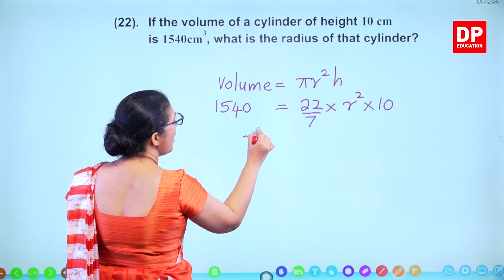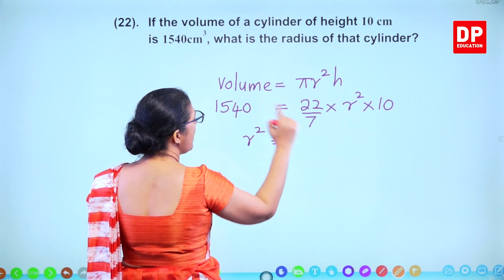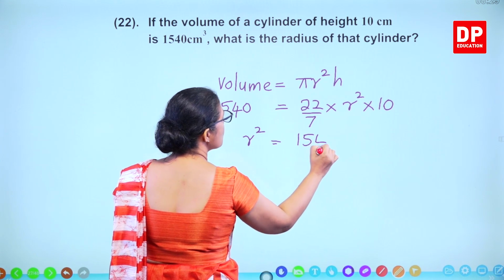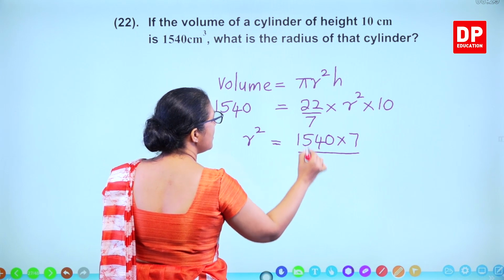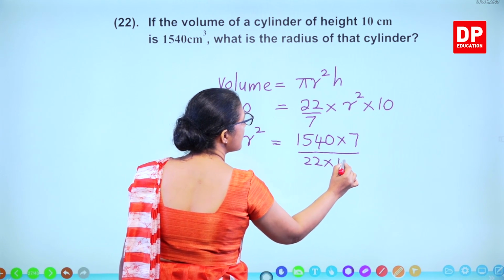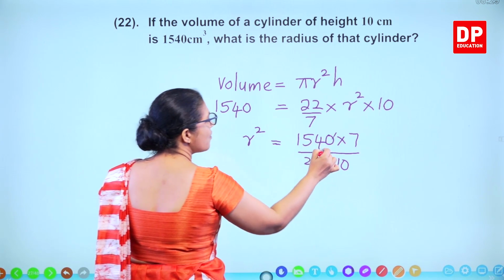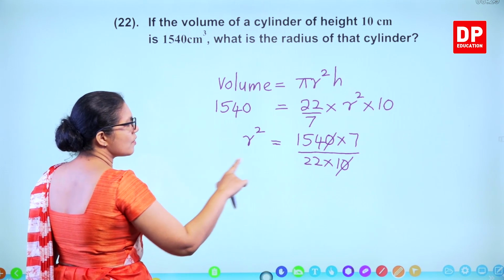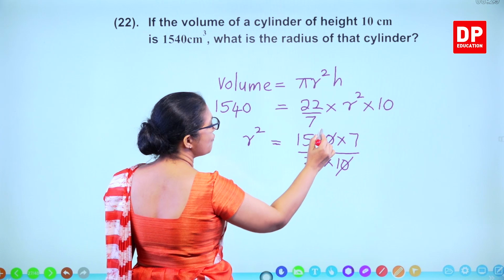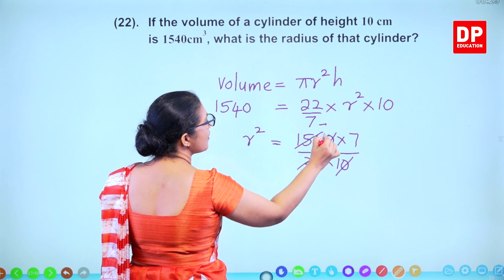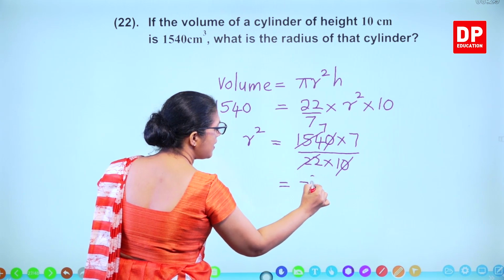So what is r squared? Multiply by 7. 1540 by 7 and divide by 22 and 10. 0, 0. 22 times 7 is 154. So you get 7 squared is r squared.